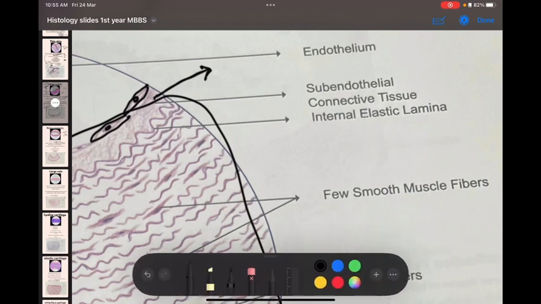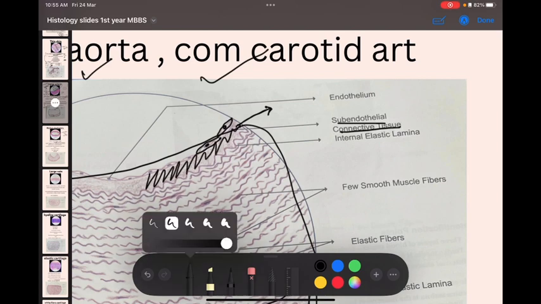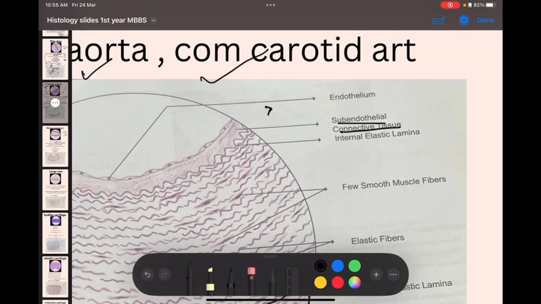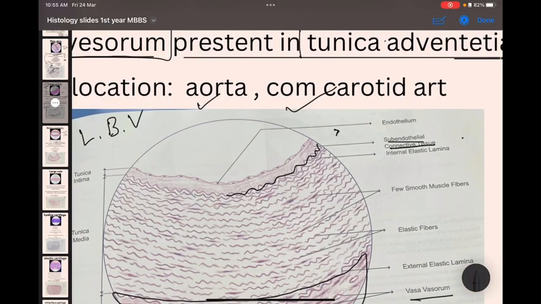You can see here, subendothelial connective tissue. Okay, so this region is subendothelial connective tissue. Next, we have to write a wavy lamina or sheet-like structure.